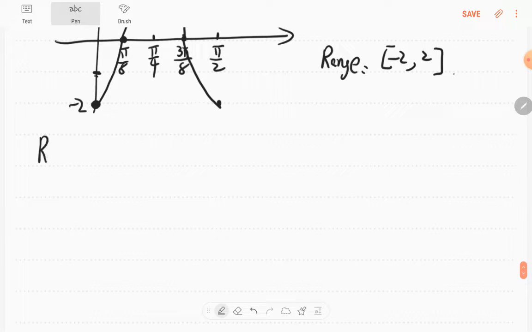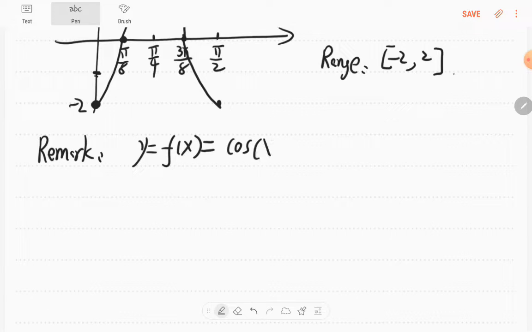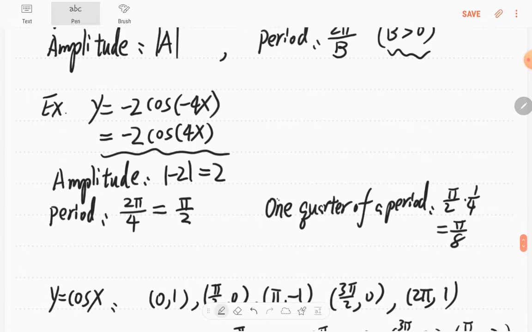So the remark is our original function is y equals f of x equals cosine x, right? Our new function is negative 2 times f of 4x, which is this one.